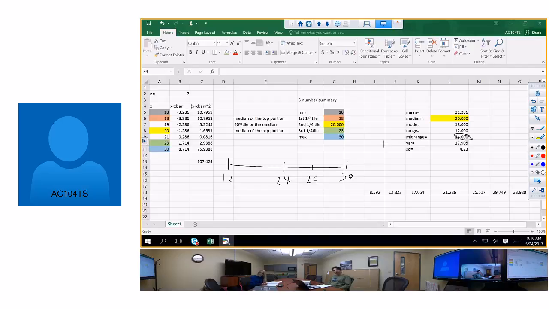And now you can say, okay, 24 to 27 is how much? 24 to 27 is 3. So subtract 3 on this side, and that'll be 21. And you can keep finding the middle of the middle of the middle to graduate your number line. What's 18 to 21? 3. Half of 3 is 1.5.